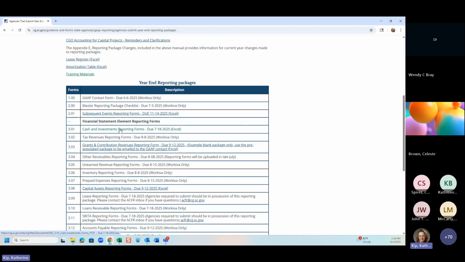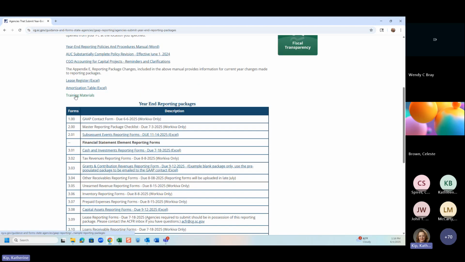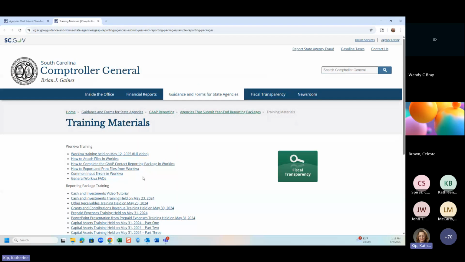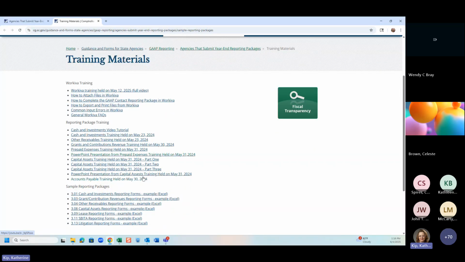So here is where you'd pick up your cash and investment reporting form. You just double click on this and it'll download to you. If you want me to send it to you, that's fine too, but it is online. And then if you go here under training materials, we had somebody in our division go through and reorganize this training materials.